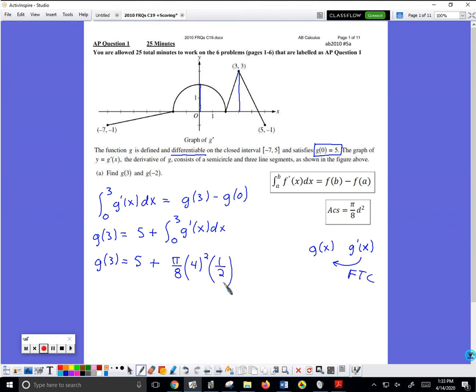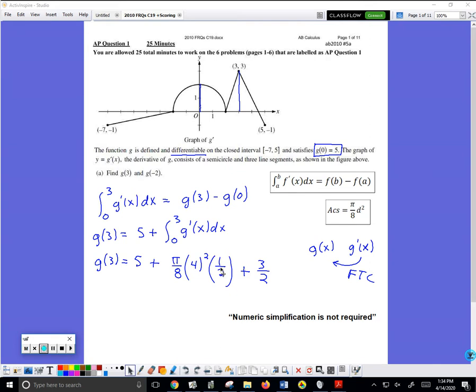That's the area of this quarter circle. Plus, I need to find the area of this triangle. That's 1 times 3 divided by 2, so that's 3/2. And remember, numeric simplification is not required, so I don't want to go any further. I just want to stop there.